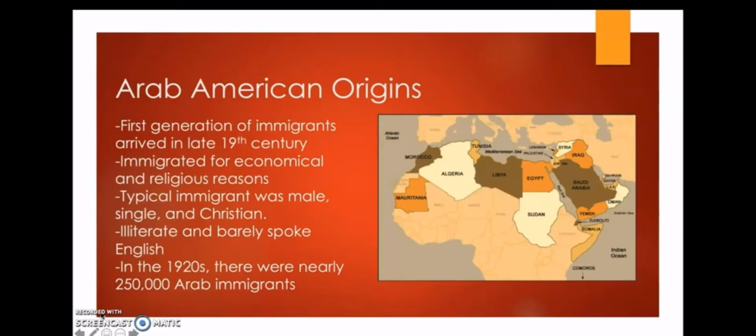Because the Ottoman Empire was so powerful during the 19th century, when the immigrants were issued their passports and identification papers, they were identified as subjects of the Ottoman Empire instead of the region from which they were actually from, such as Syria, Lebanon, etc. Because of that, the actual immigration statistics from that time period may not be accurate. But in the 1920s, it is estimated that there were nearly 250,000 Arabs in the United States.